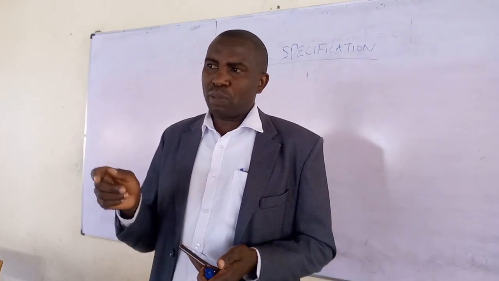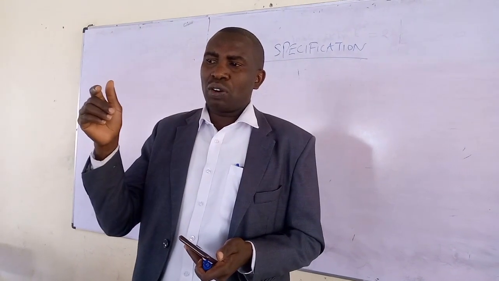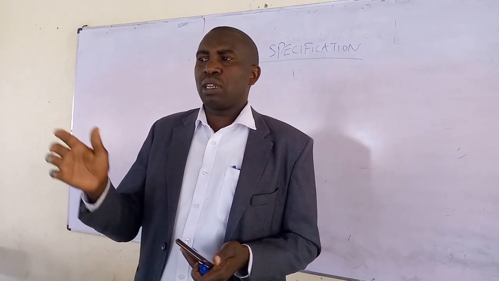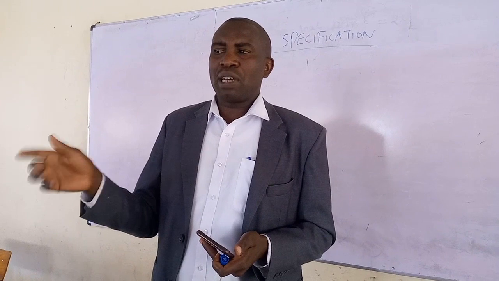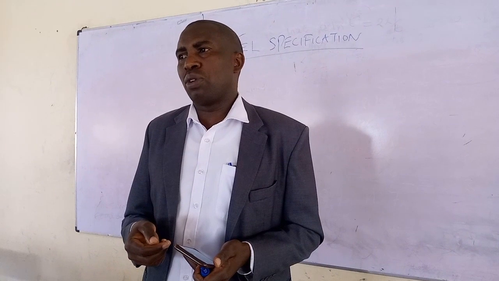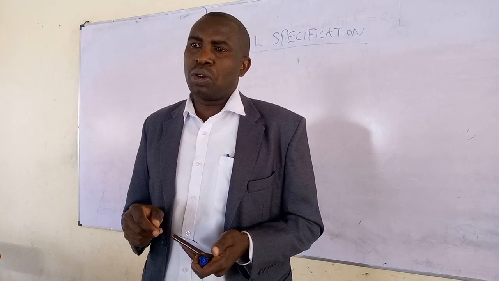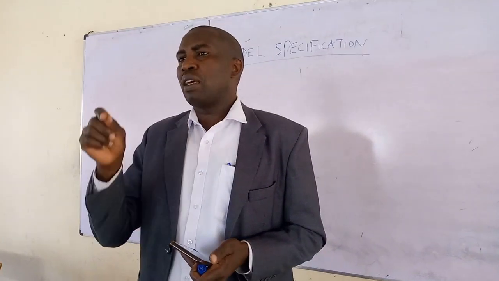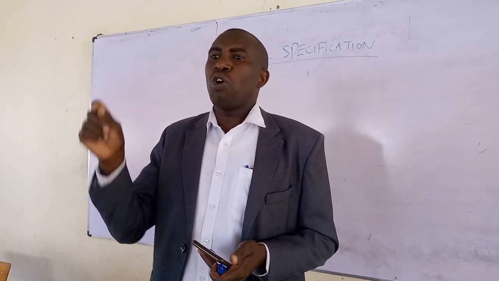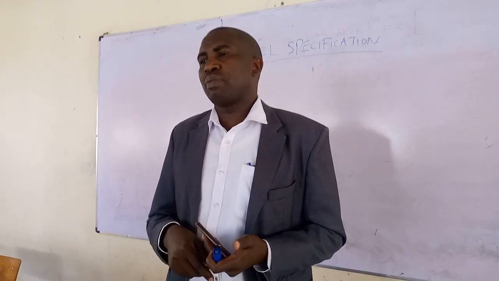For example, you're supposed to have y equals beta naught plus beta 1 x1 plus beta 2 x2 plus beta 3 x3 plus the error term. But in your estimation, you only consider two explanatory variables. So you will have omitted x3 in that model, and you are likely to have model misspecification as a result of what we call variable omission.